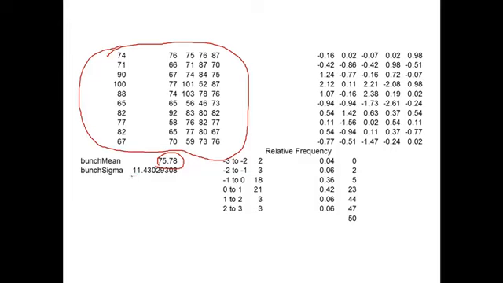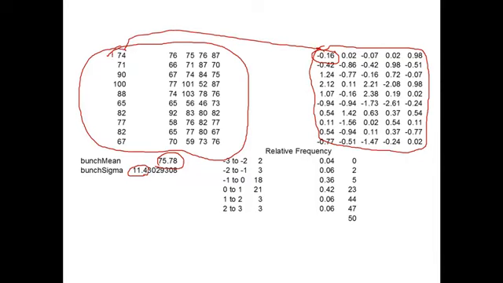The standard deviation is 11.43, and we should have rounded this off to 11.4, being a little sloppy since I'm having a spreadsheet do it. Now I took the mean and the standard deviation, and I used that to take the z-score of my data. So this data is just this data after we've taken the z-score.